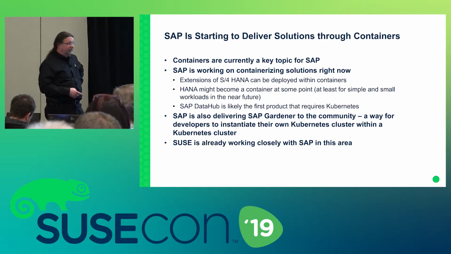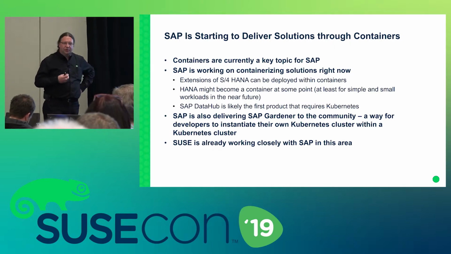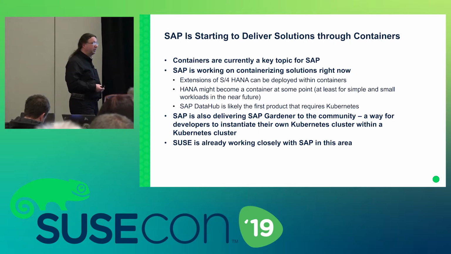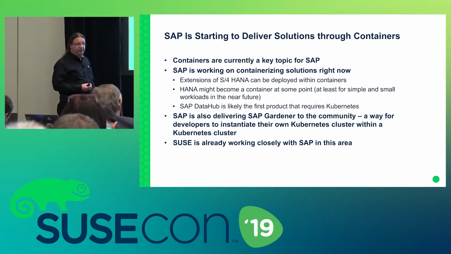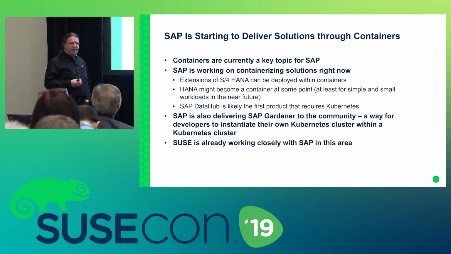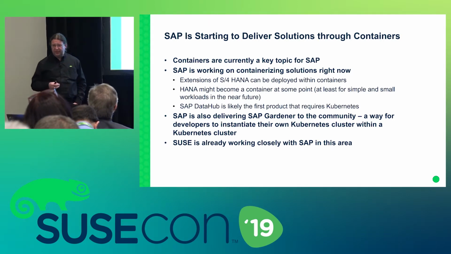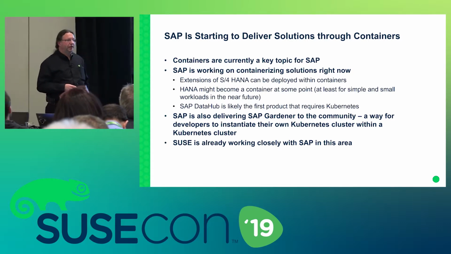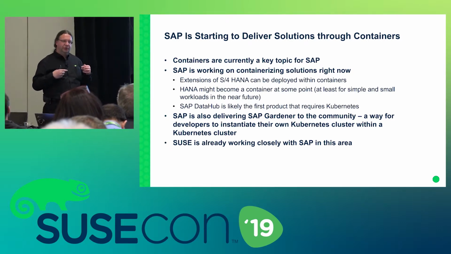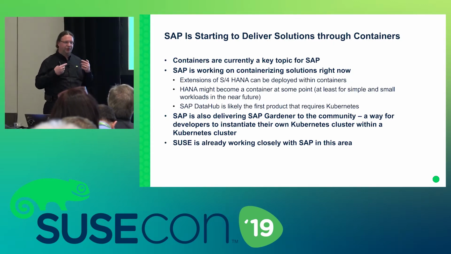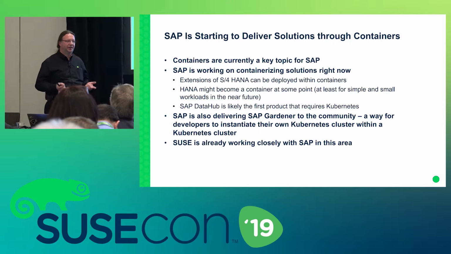But again, the point that I really want to highlight here is that there is a shift in workloads happening on the SAP side, and it's broader than just Data Hub. So I was at the TechEd event in Barcelona last year, and when you listen to the SAP executives, there was one thing that they repeated over and over again, which was keep the core clean.